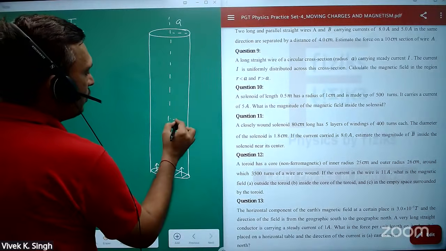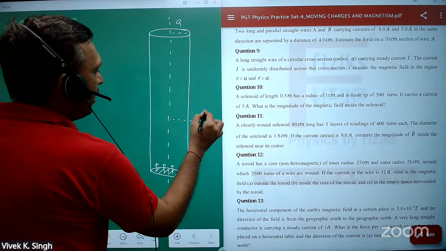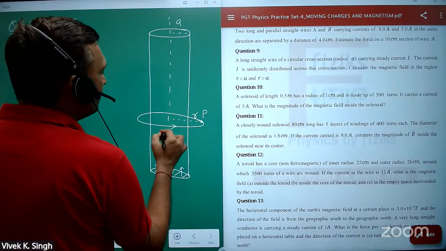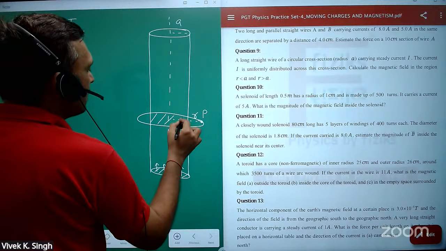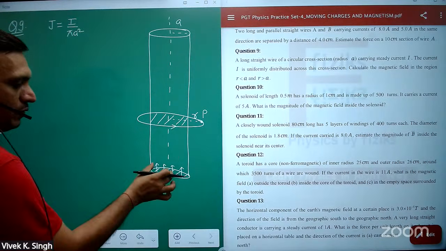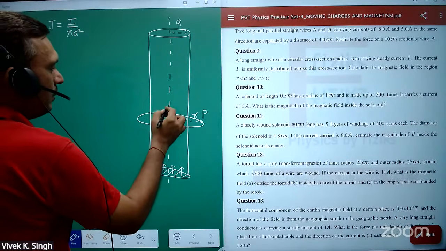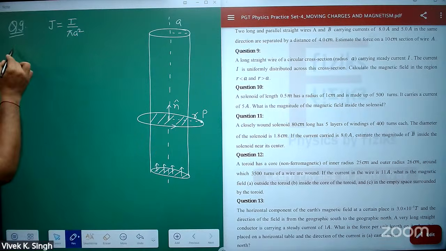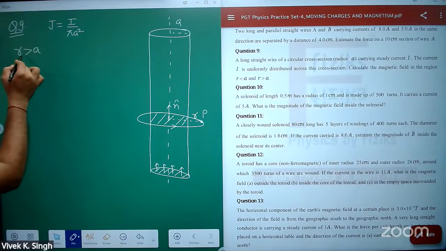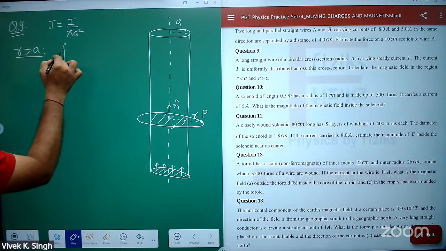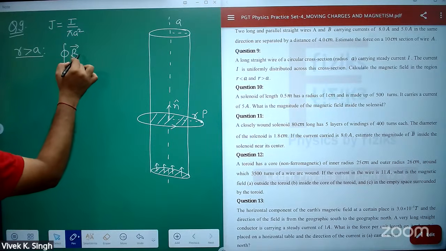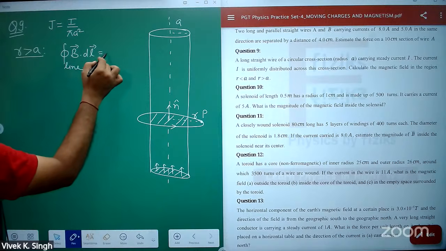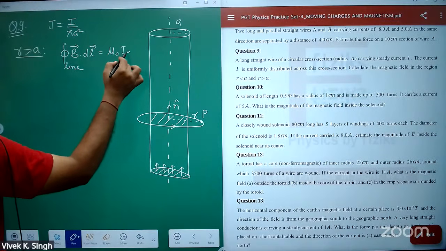If you want to find field at any point P outside, you have to consider this as an Amperian loop, and see what current is crossing through it. So for r greater than A, closed integral of B dot dl is mu naught times total current enclosed.